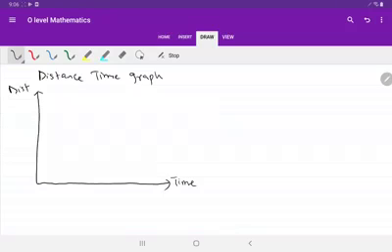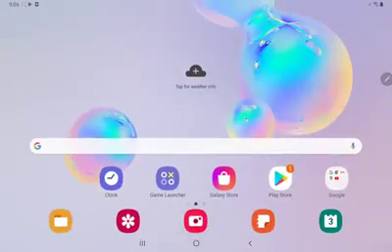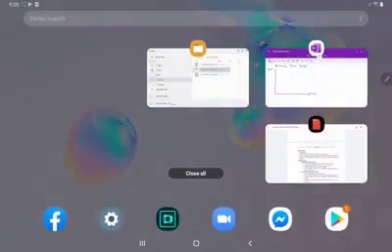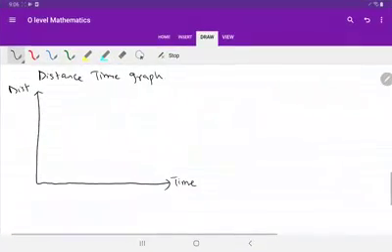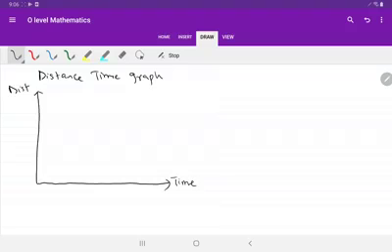Let's say you are told that the particle started its journey from rest and traveled for 20 seconds to cover a distance of 60 meters.